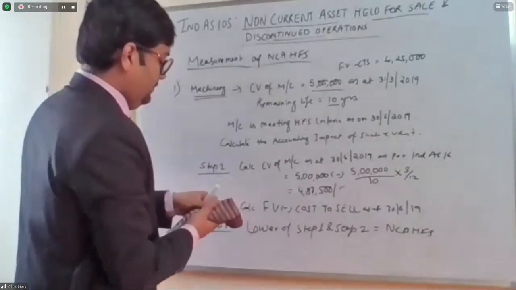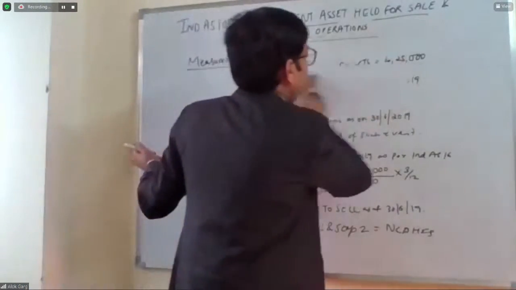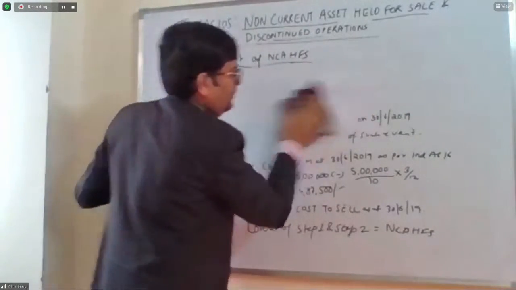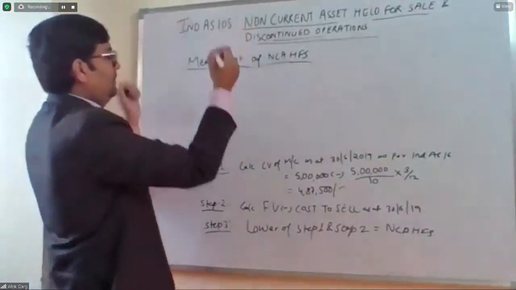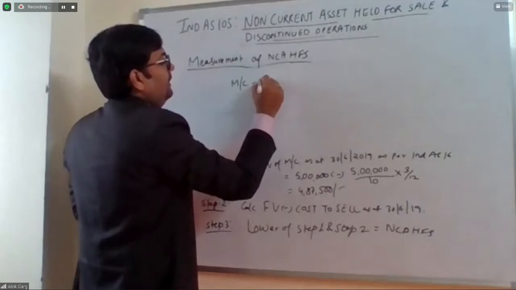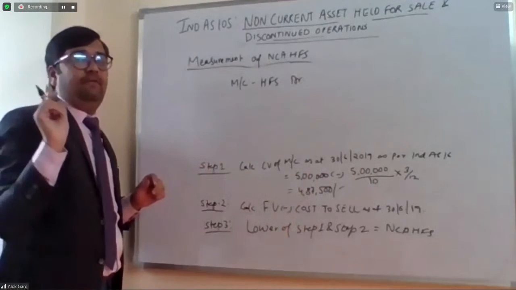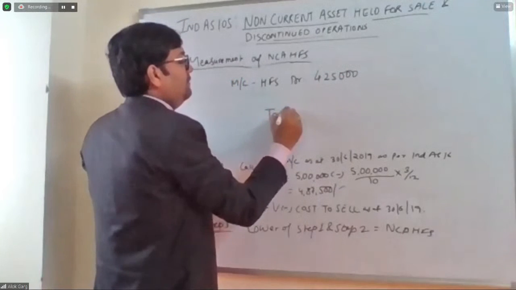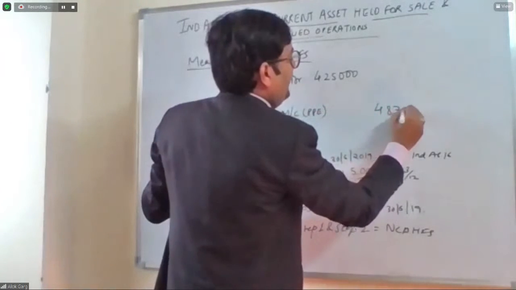So what will be the accounting entry? The accounting entry will be: machinery held for sale debit, by how much? Lower of carrying value and fair value less cost to sell, 4,25,000. To machinery PPE account, how much? 487,500.